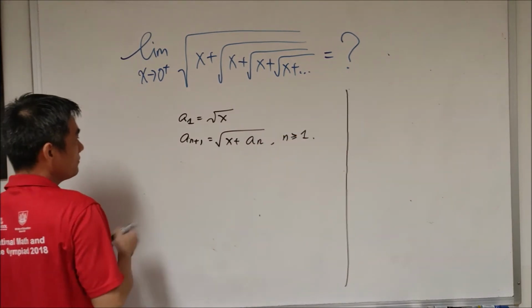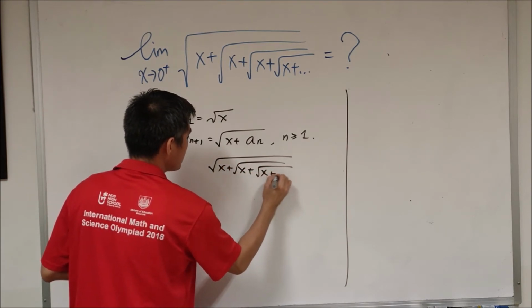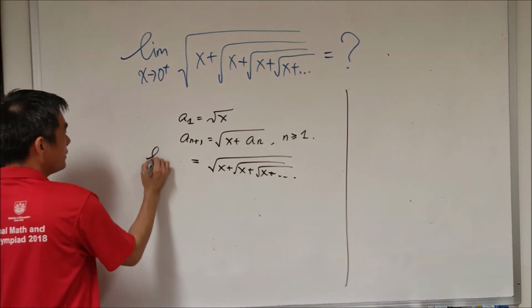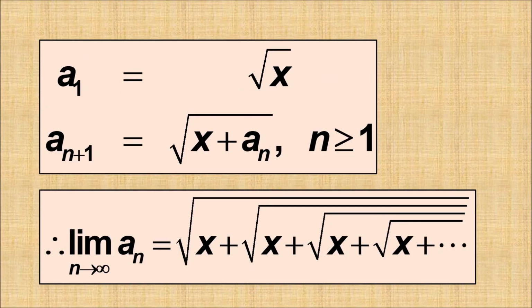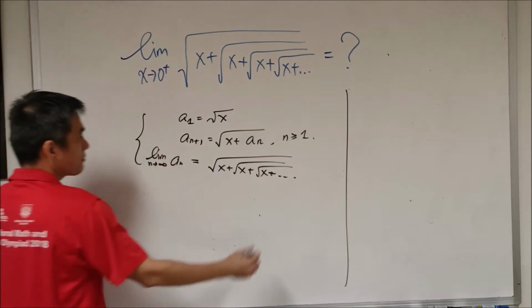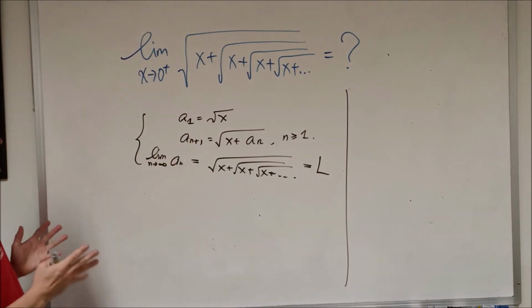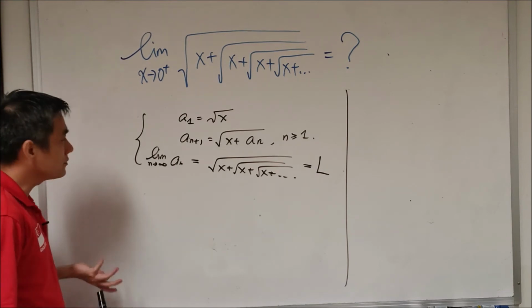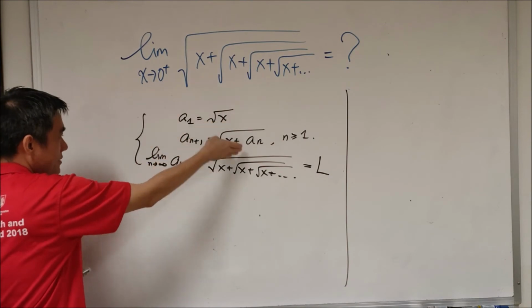By this definition, the square root of x plus the square root of x plus the square root of x is therefore equal to the limit of an when n goes to infinity. Suppose this is equal to L. The first method that we can use is technology: using Excel, we can plug in values close to 0 and see what happens.